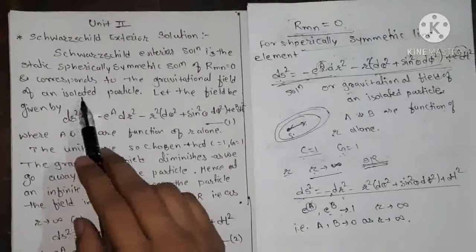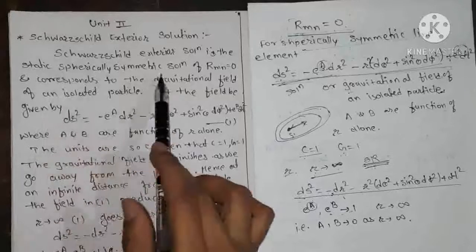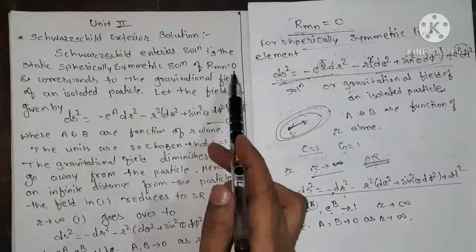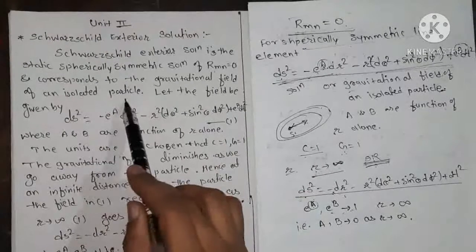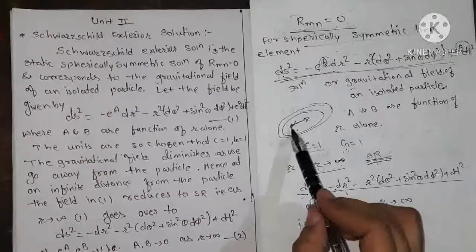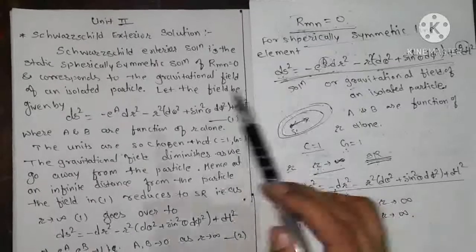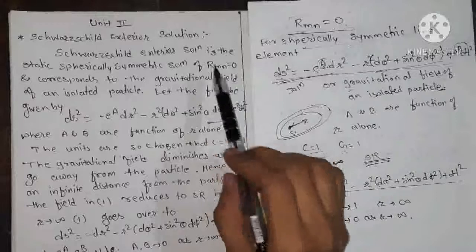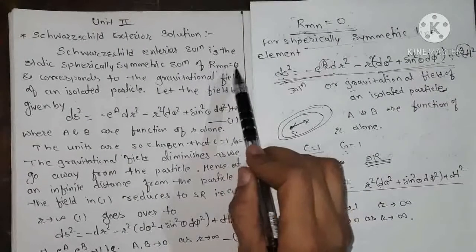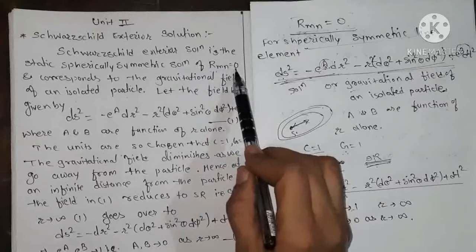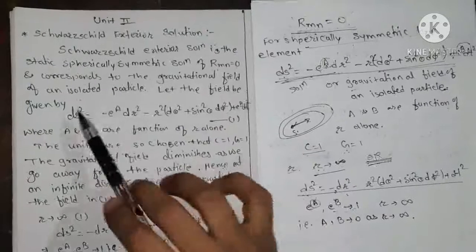The Schwarzschild solution is the static spherically symmetric solution of Rmn equals 0, which corresponds to the gravitational field of an isolated particle, right? Here the sun is an isolated particle, earth is an isolated particle. So the Schwarzschild solution is nothing but solving Rmn equals 0, which gives you the gravitational field of an isolated particle.